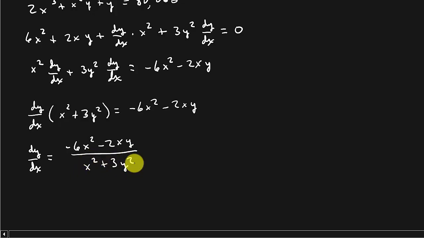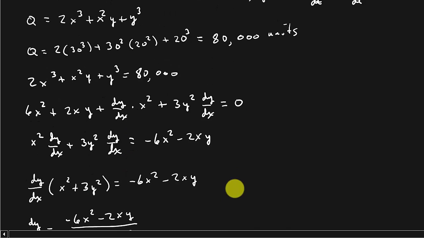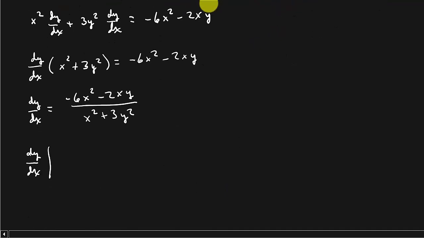Okay? And this is what we wanted. We wanted dy/dx, right? And so now I'm going to evaluate it. What do I have to do? I've got to plug in an x and a y value, right? And x is 30 and y is 20. So this is when x is 30 and y is 20.